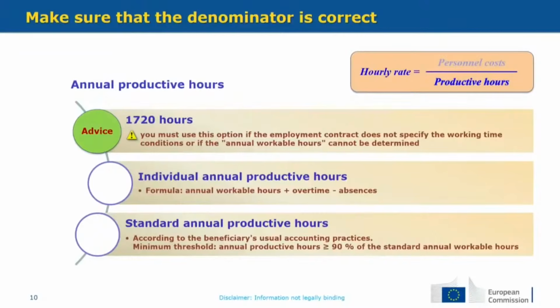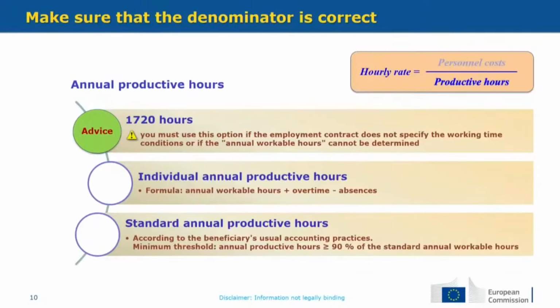It's one fixed amount, you can use it, and the possibility to make errors is lower. Now, you can use this option if the employment contract does not specify the working time or conditions, or if the annual workable hours cannot be determined. So you may have some specificities here. If you have those specificities, you may use this option in addition.